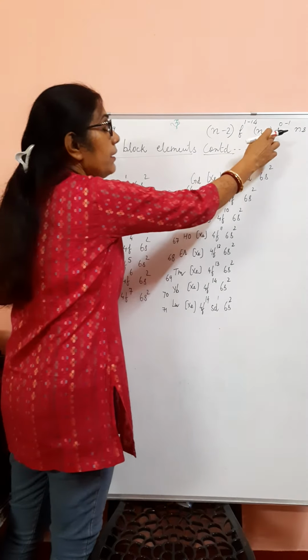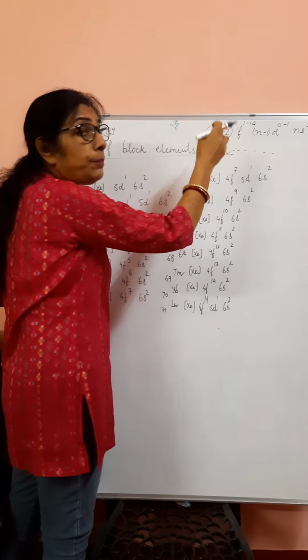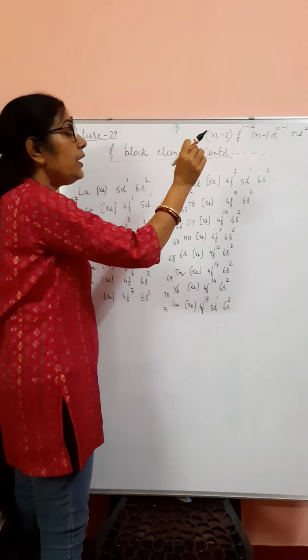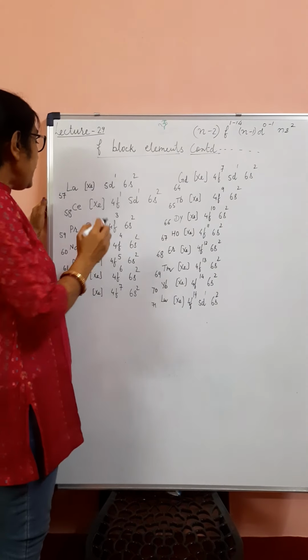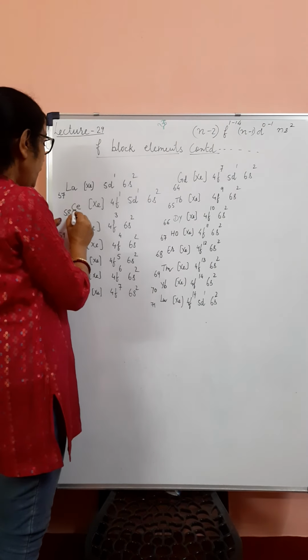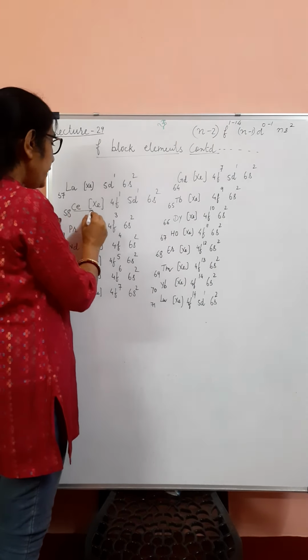And d can accommodate a maximum of 10, but just see here that it is either 0 or 1. And I have written here the configuration. You can see cerium has 5d1 configuration. Then comes gadolinium, d1 configuration, and the last element lutetium has d1 configuration.